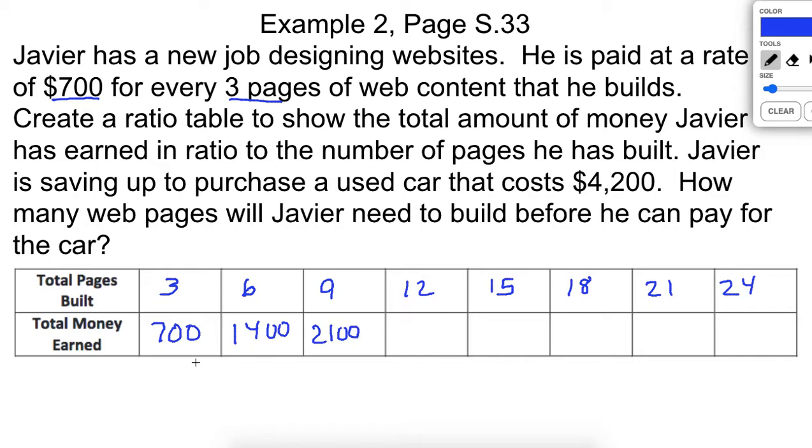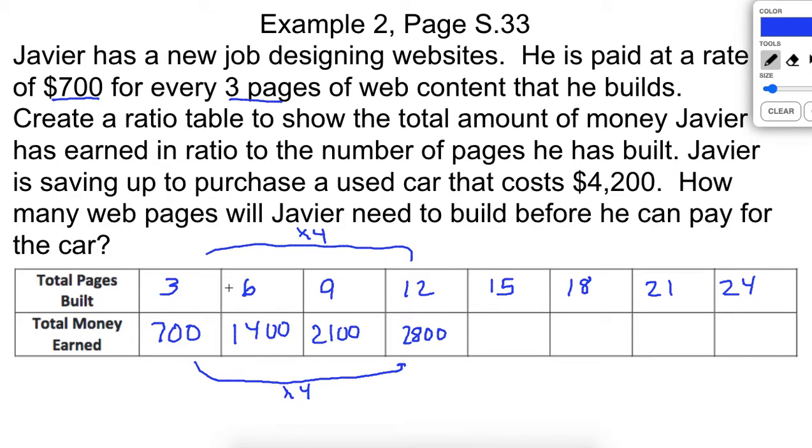If you look at this, just remember how we were timesing. This is 3 times 4, so this would be 7 times 4, so that's going to be 700 times 4, so it's going to be 2,800.